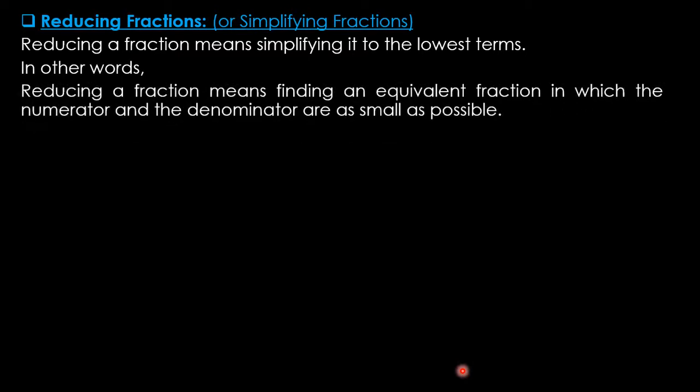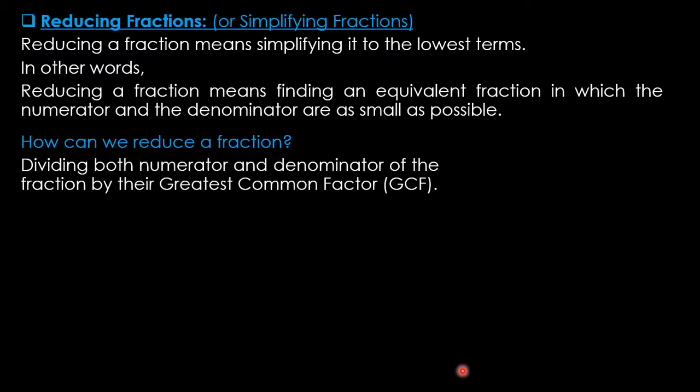Now reducing fractions or simplifying fractions. Reducing a fraction means simplifying it to the lowest terms. In other words, reducing a fraction means finding an equivalent fraction in which the numerator and the denominator are as small as possible. How can we reduce a fraction?